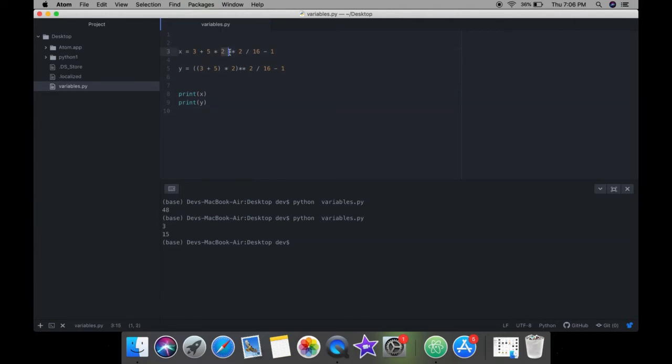So first it has done 2 raised to power 2, that is the highest precedence operator here. So 2 raised to power 2 is the 4 that we have here. And then we have multiply and divide symbols. So what had happened here? If you consider the star and divide, then if we have the same operators, we do the left to right precedence.